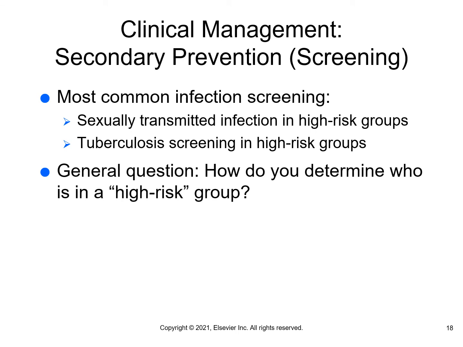Secondary prevention. Can we do secondary prevention in this case? Here we can do so many things, because we can see who's infected and prevent other people from getting infected.